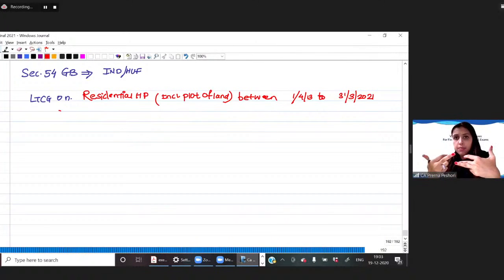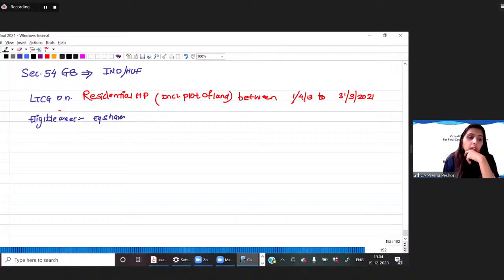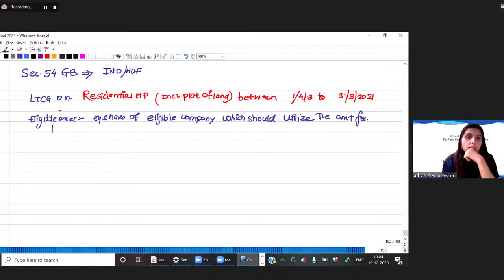You sell house property between 1/4/13 to 31st March 21 and you invest in eligible asset, which is equity shares of an eligible company, which should utilize the amount for purchase of plant and machinery.